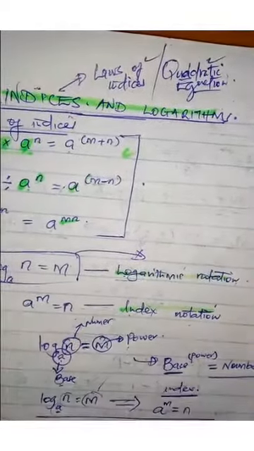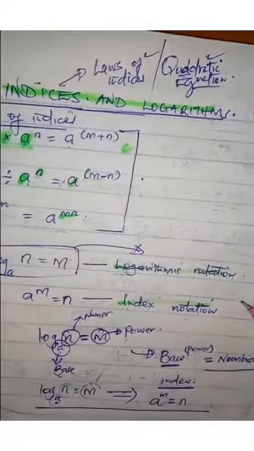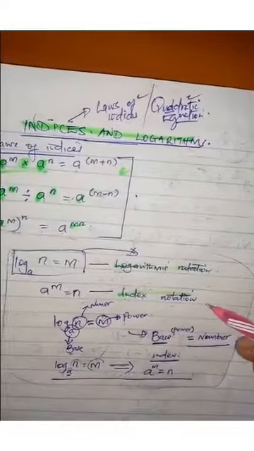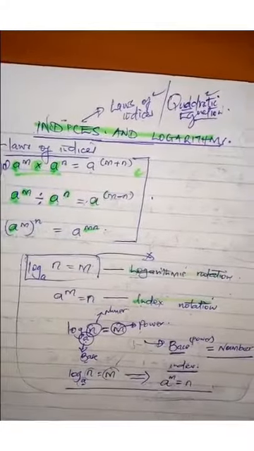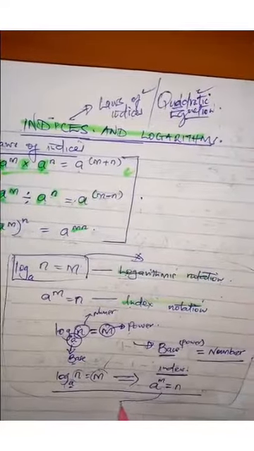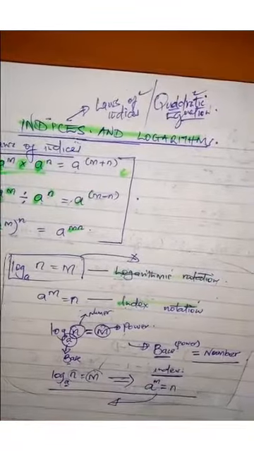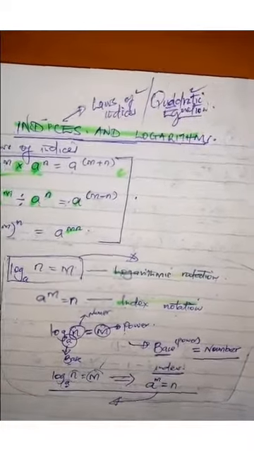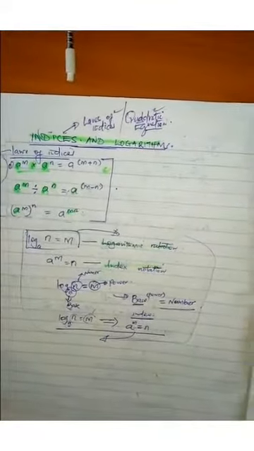So that is how you change from logarithmic notation to index notation, and from index notation to logarithmic notation. If you are changing the other way, you use the same procedure. So let us look at a question from the rules of indices.